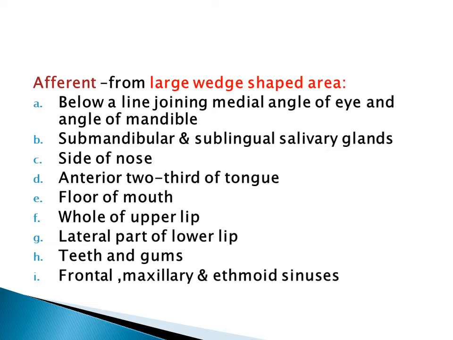Then the submandibular and sublingual salivary glands, the side of the nose, anterior 2/3 of the tongue, floor of the mouth, whole of the upper lip, lateral part of the lower lip, the teeth and gums, and 3 sinuses. They are the frontal, maxillary, and ethmoid sinuses. So there is an extensive wedge-shaped area which is drained by the submandibular nodes.